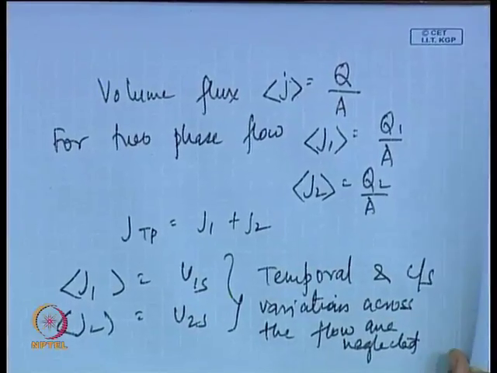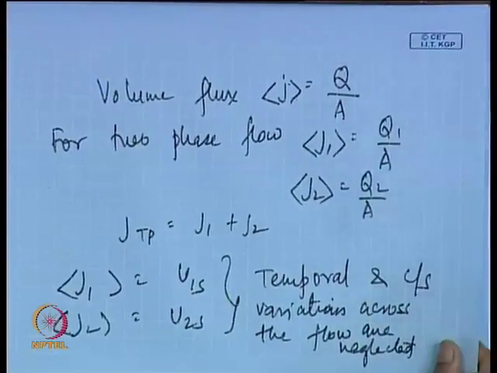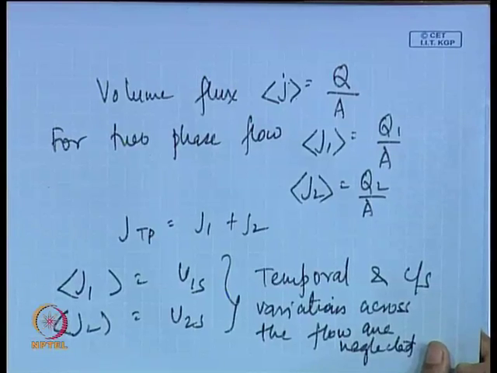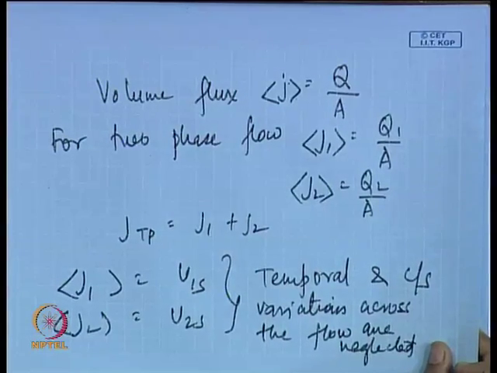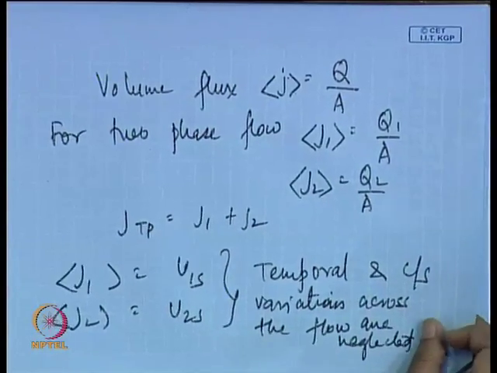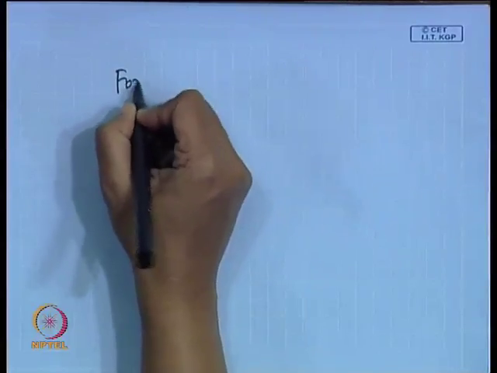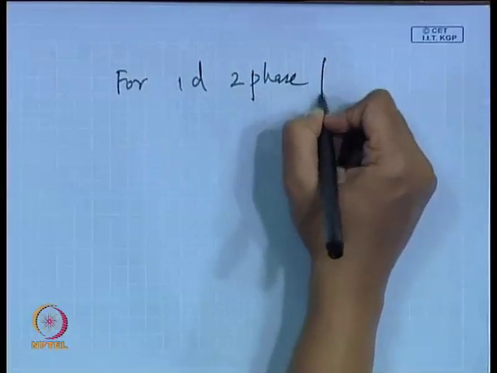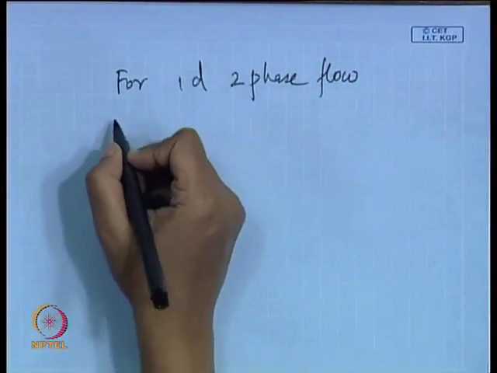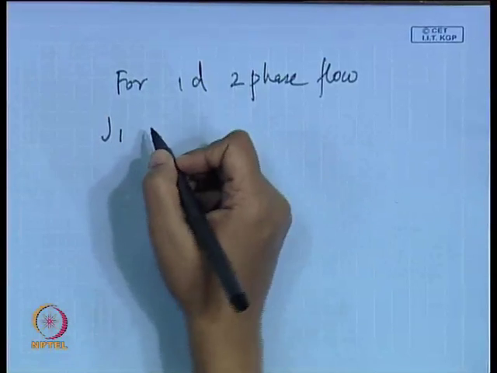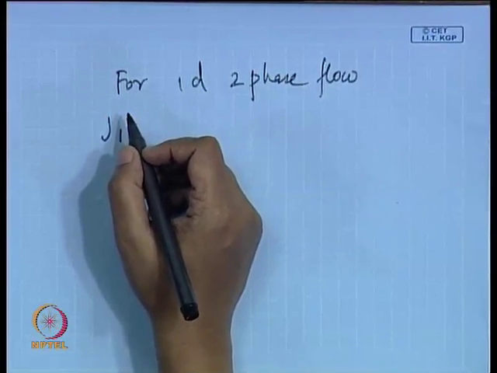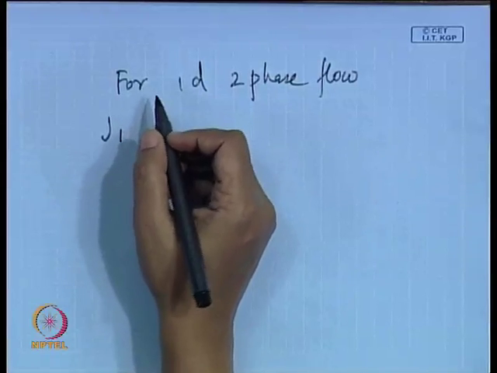For this one dimensional two phase flow, under those circumstances, how can we relate J1, J2 with the in situ velocities? Okay. So, for one dimensional two phase flow, the volumetric fluxes of the individual components can be related to the local component concentration and the local velocity.